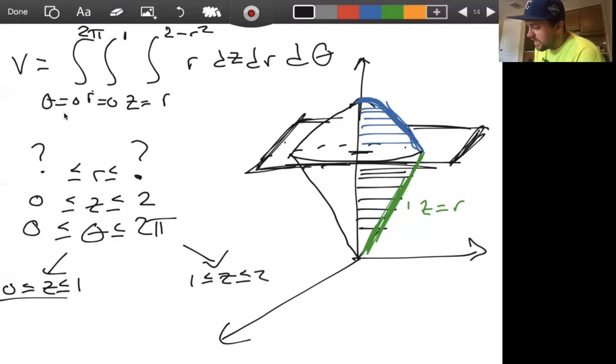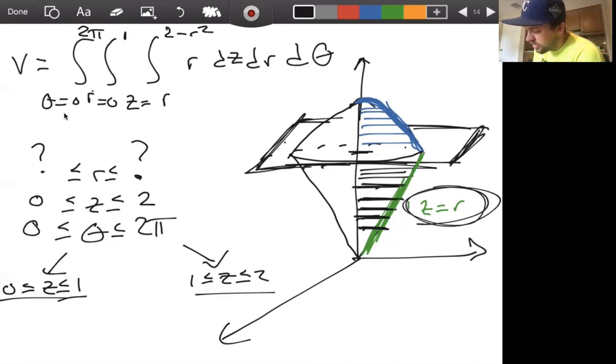If z is between 0 and 1, then the radius is given by this function here, which we know is the function z equals r. And so that means r is bounded between 0 and z, right? And then what about the upper half?